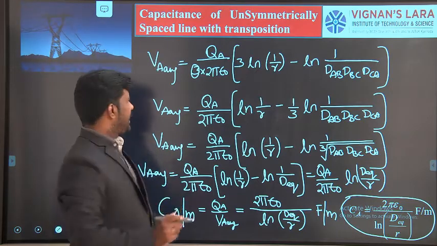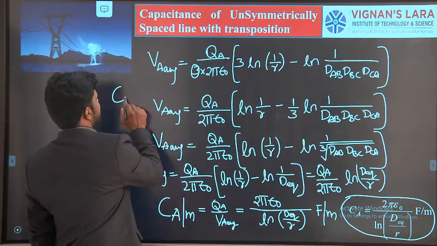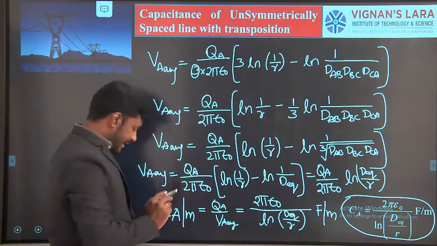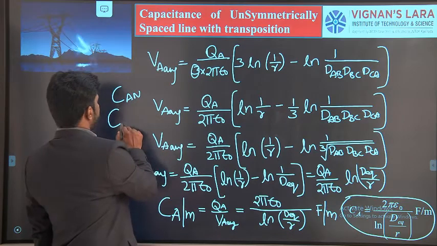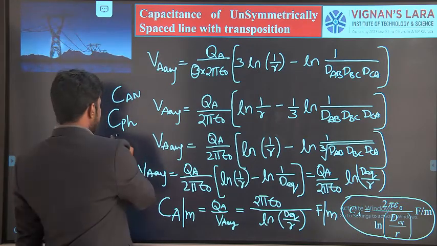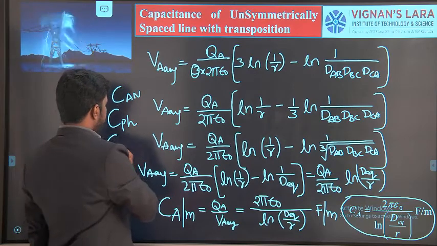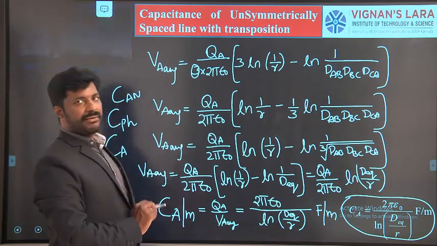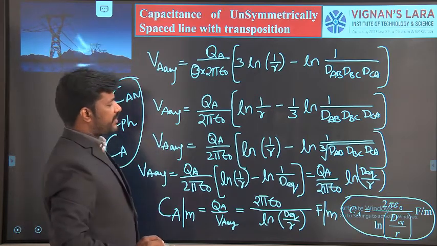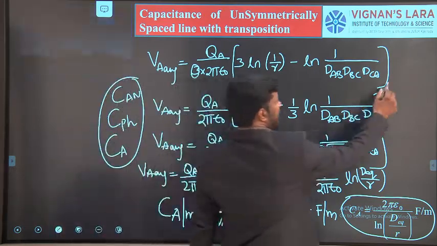That is, the capacitance for a single phase system with respect to neutral, CAN, we calculated, and next the capacitance of the phase in a symmetrically spaced system we calculated, and the capacitance of a single conductor with the transposed line is also calculated. All three of them have the same formula.